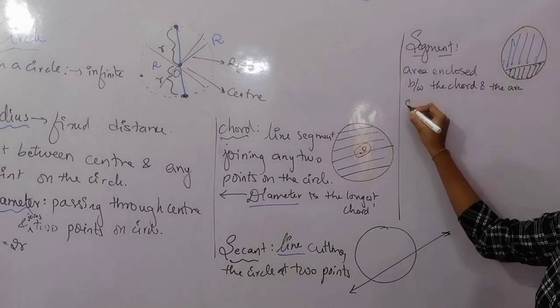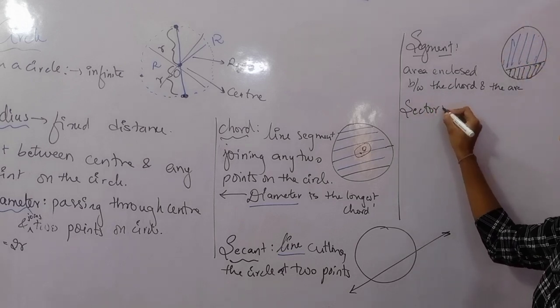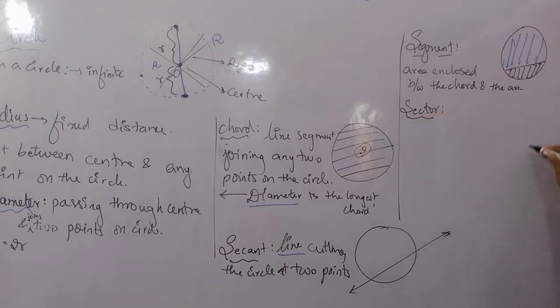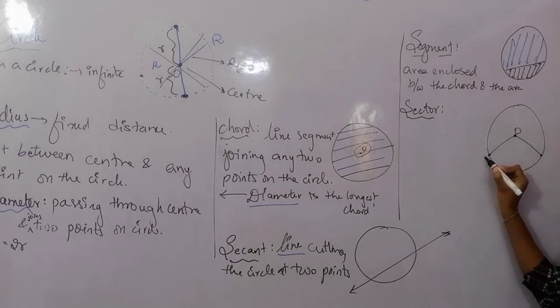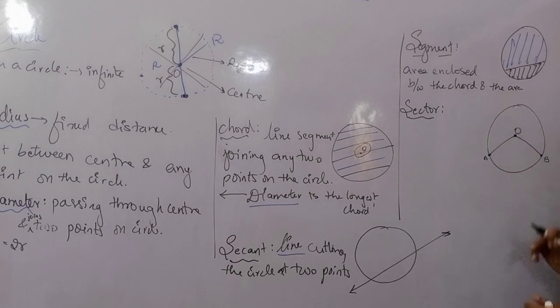Now what is the meaning of sector? Suppose this is a circle, I have my center O, and these are the two radii of the circle I am taking. Center to any point on the circle is a radius. Let me take the points A, B. OA is a radius, OB is a radius, AB is the arc. Now this area is called a sector.